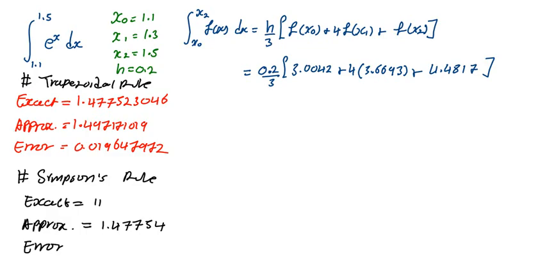Okay, what about the error? The error is going to be equal to, since this one is in terms of 5 decimal places, I'm just going to use 5 decimal places of this one as well. We subtract, so our error will be equal to our exact value, which is 1.47752, minus 1.47754.